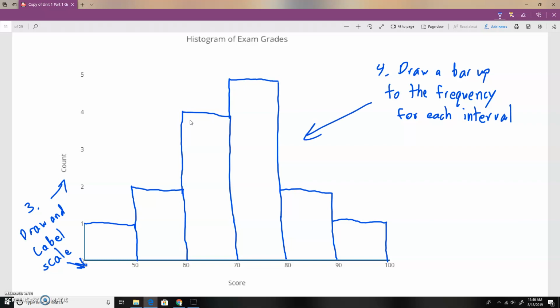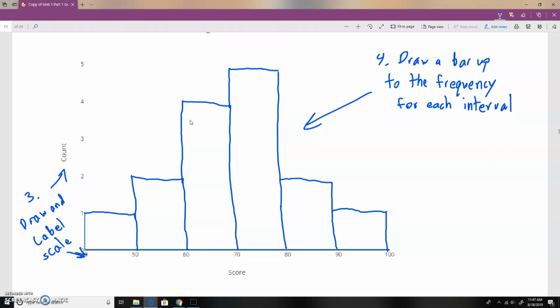And that goes here. Notice the frequency between 40 and 49 was 1, so that's why we go up to 1. For our 50s, we had 2 of those. For our 60s, we had 4 of those, and so on and so on. So you notice the bars match up with what we had in our frequency table.